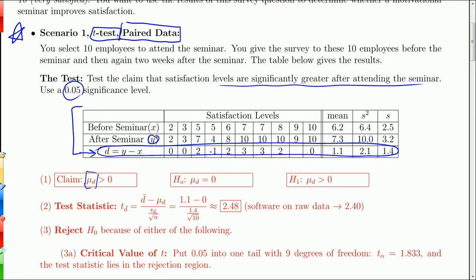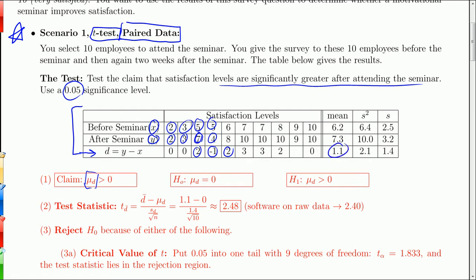So after we get these differences, I do this from y minus x, meaning I take the bottom number minus the top. In these first 2 cases, it doesn't matter. But notice this 2 comes from 7 minus 5. The negative 1 comes from 4 minus 5. 2 comes from 8 minus 6, and so on. So I create a row of differences, and I have a mean difference, a variance of the differences, and a standard deviation of the differences.